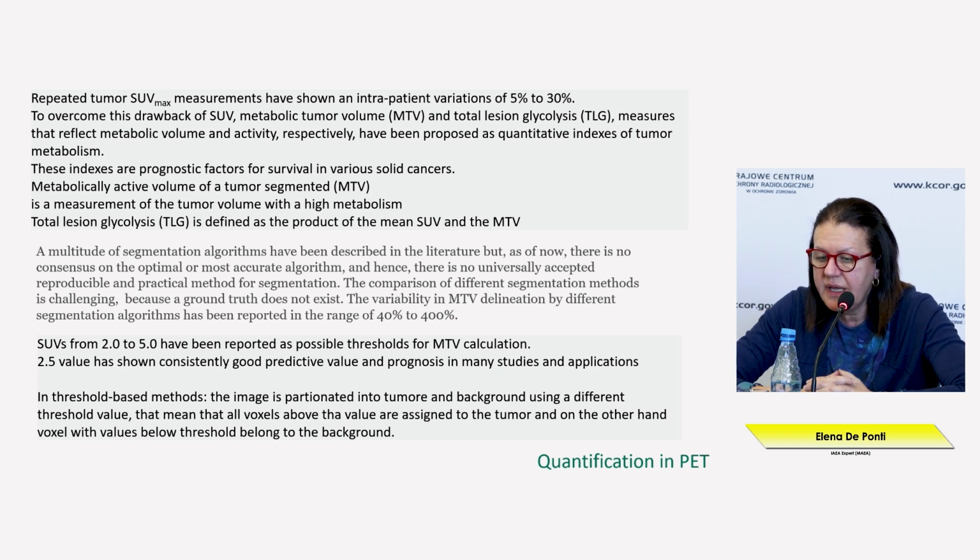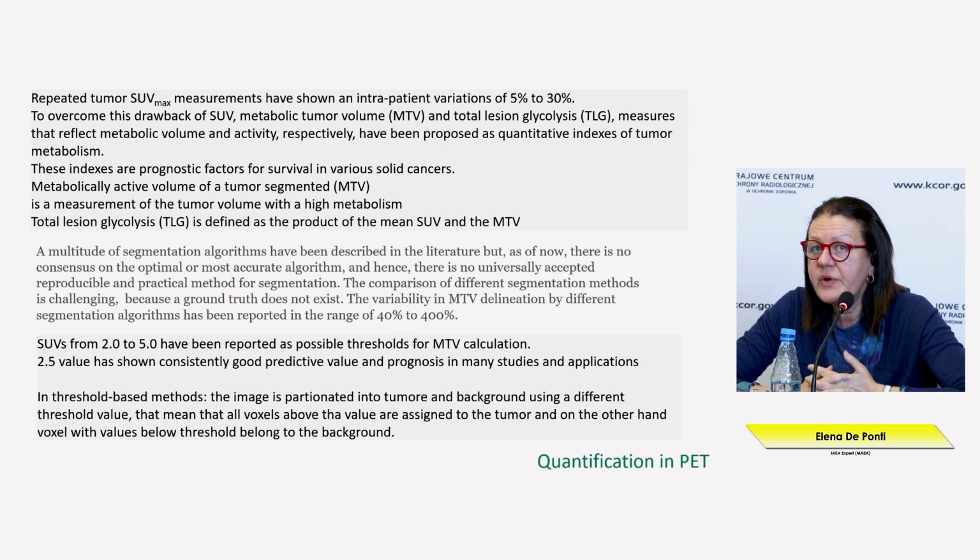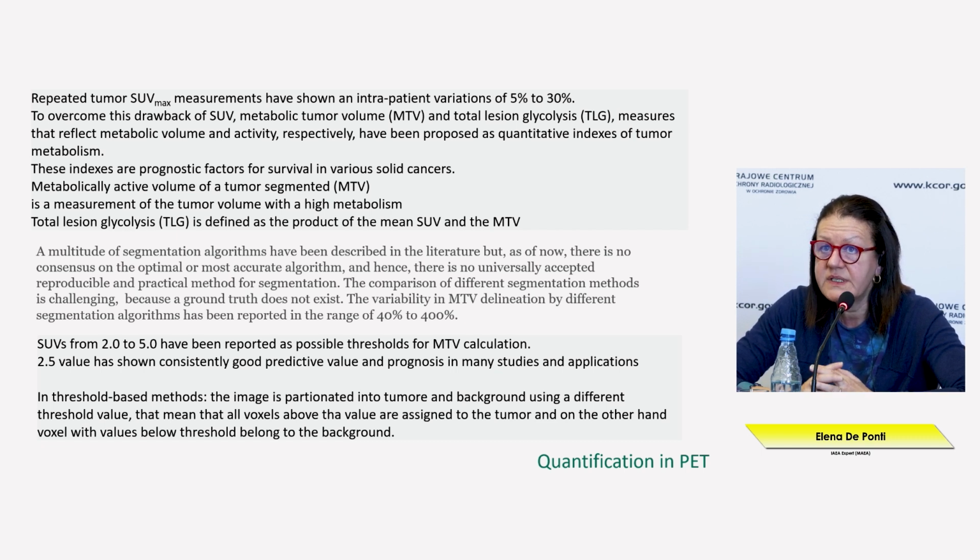For example, a fixed value of SUV that could range from 2 to 5, and 2.5 is a value that has shown good predictive values and prognosis in different applications, but there are also threshold-based methods described that work very well in some specific applications.